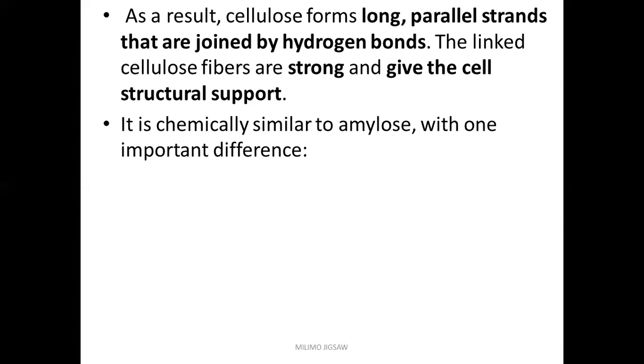So neighboring cellulose molecules lie close together in layers and form rigid structures that are called microfibrils. So these microfibrils are able to aggregate to form what are called macrofibrils. So the hydrogen bonding is very important to the function of cellulose.